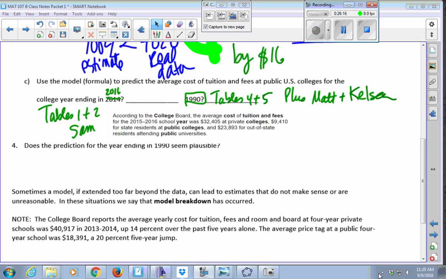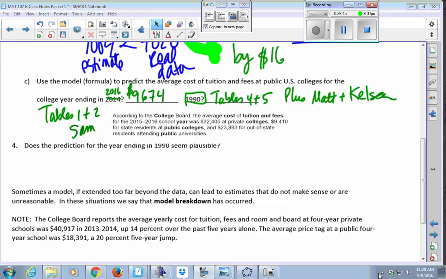So what did we come up with on tables 1 and 2 and Sam for the college year ending 2016? $9,674. And let's take a look at what the College Board said it was. It's no longer a prediction because we have the actual data for public colleges.